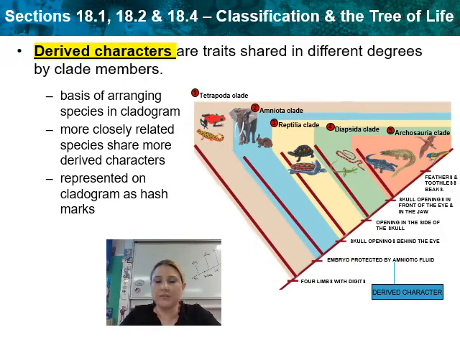So the more things they have in common, the more closely related they are. They're represented on a cladogram as little hash marks, little lines. If you look below at my cladogram on the slide, you're going to see 4 limbs, embryos, skull openings, feathers, and toothless beaks. All of these are derived characters. They're basically characteristics.